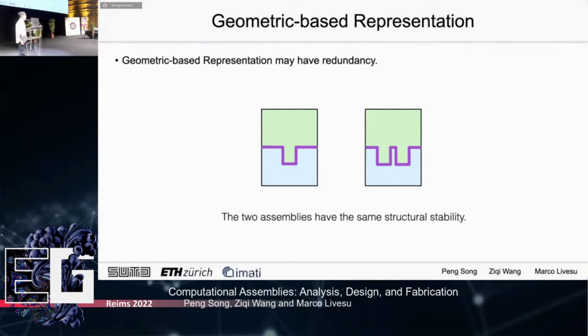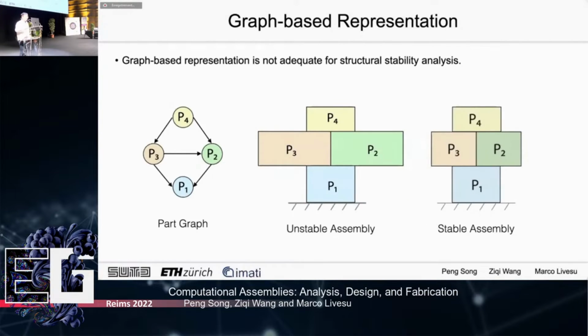For example, this assembly with just one singleton joint or two singleton joints has the same structure stability, but totally different geometries. Second, the part graph is very lightweight, but it doesn't have the complete information for structure stability analysis. Here, the two assemblies have the same part graph, but totally different structure stability performance.